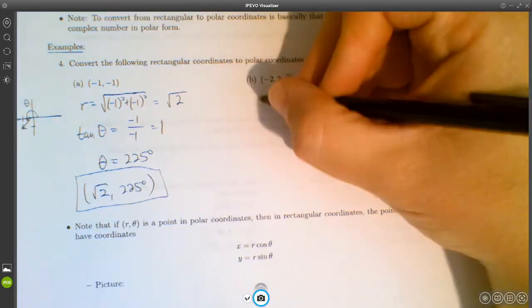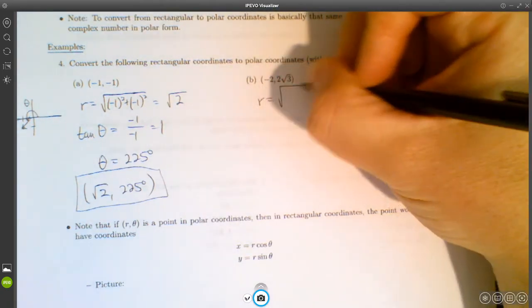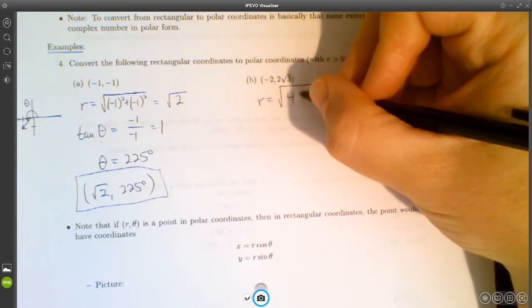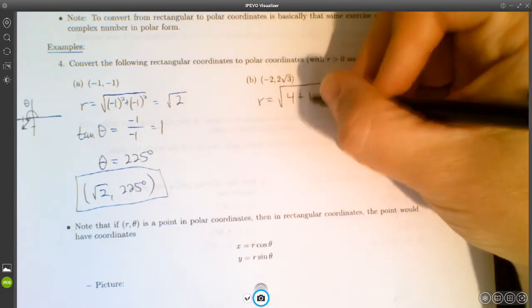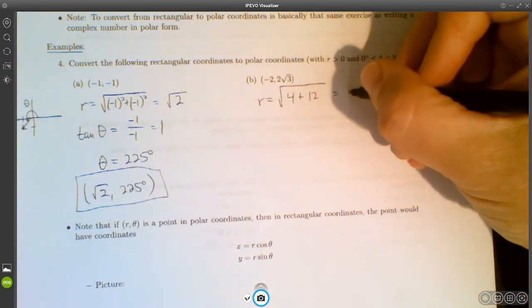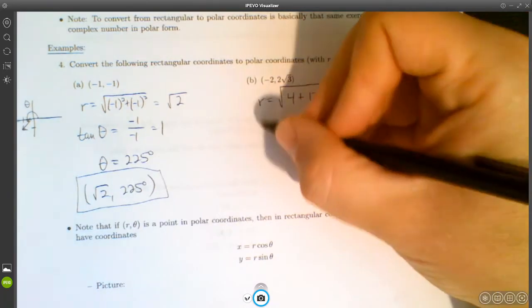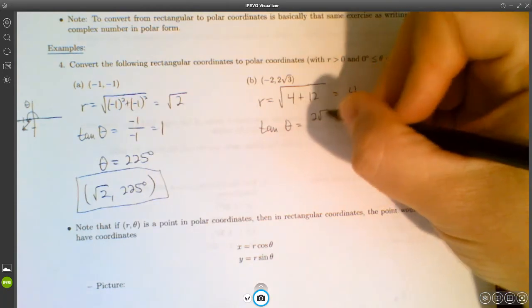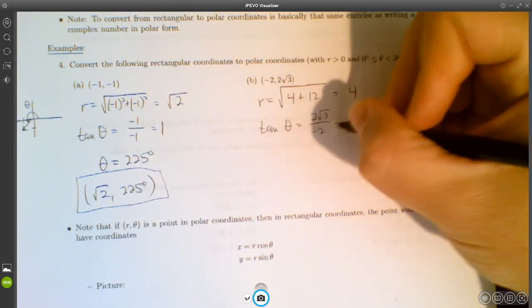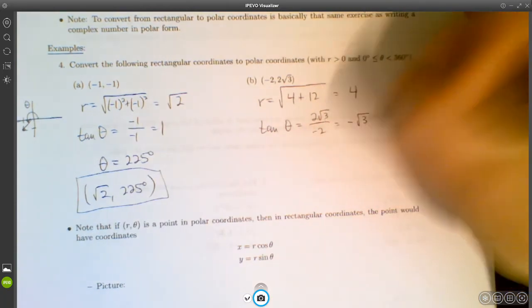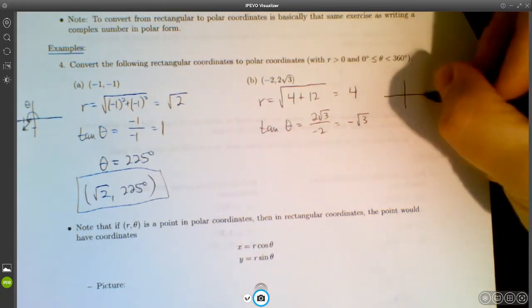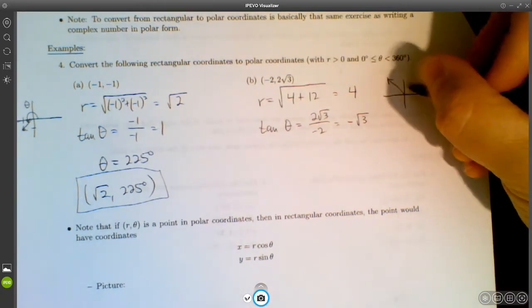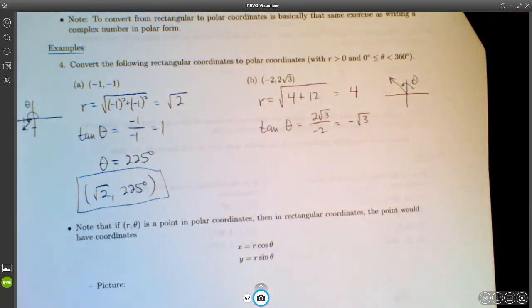Okay, here's my solution. Okay, theta is in quadrant 2.